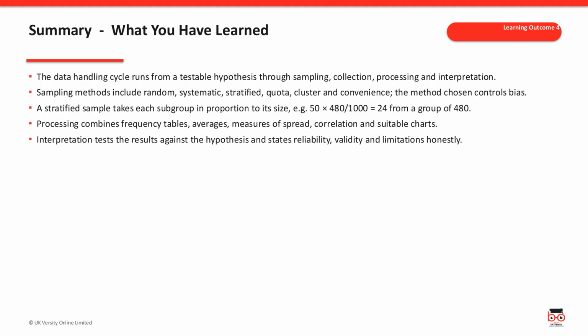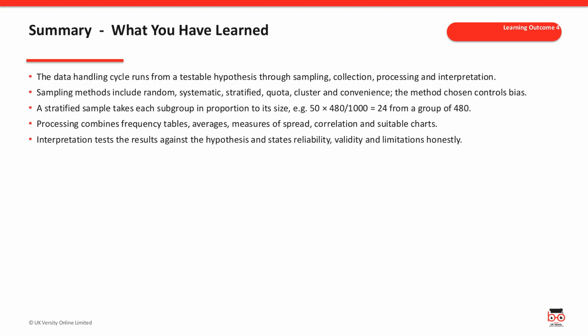Let's sum up Learning Outcome 4. The data handling cycle runs from a testable hypothesis through sampling, collection, processing, and interpretation. Sampling methods include random, systematic, stratified, quota, cluster, and convenience, and the method you choose is what controls bias. A stratified sample takes each subgroup in proportion to its size, so 50 times 480 over 1,000 gives 24 from a group of 480.